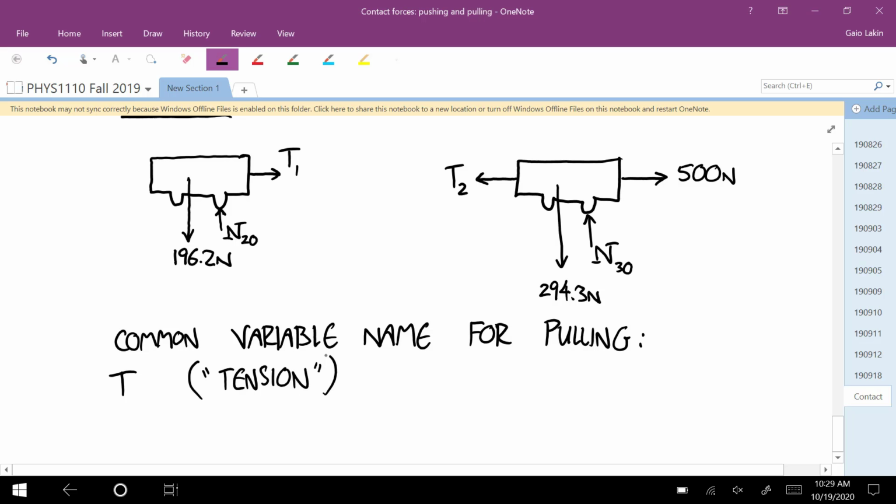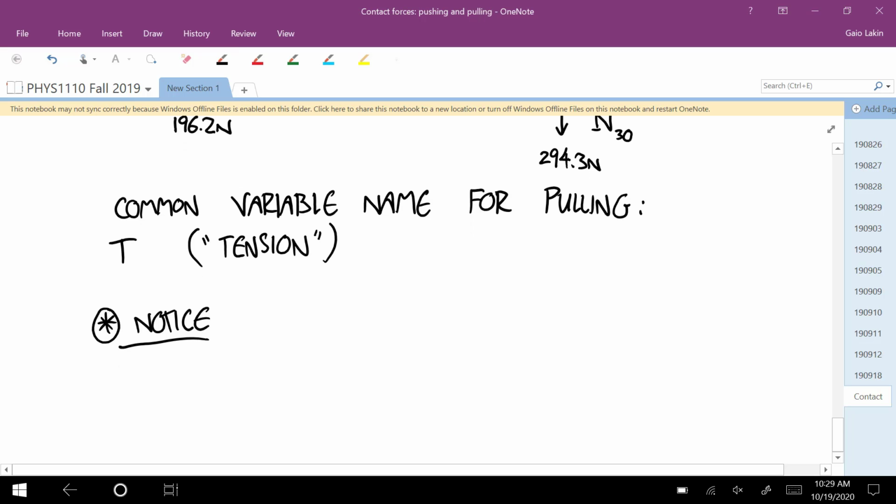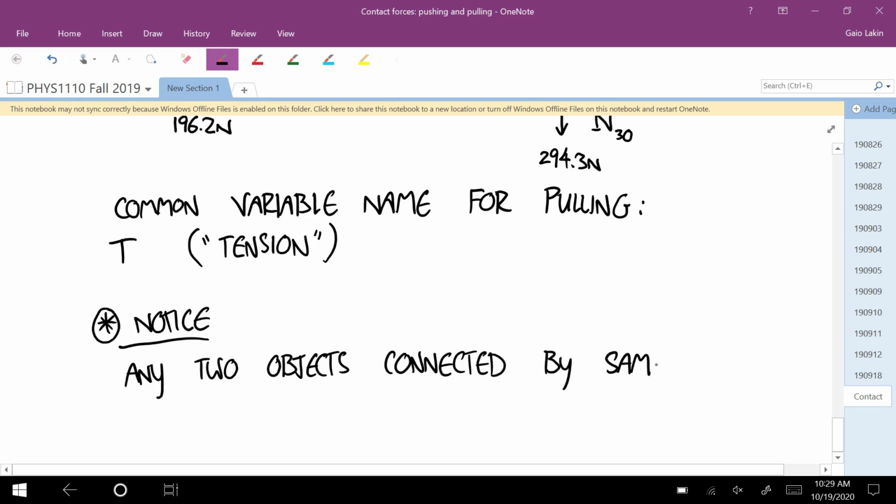Okay, what about the Newton's third law type stuff that we talked about with pushing forces? So notice that any two objects that are connected by the same cable, it has to be the same cable.